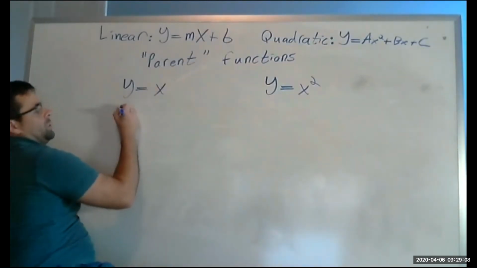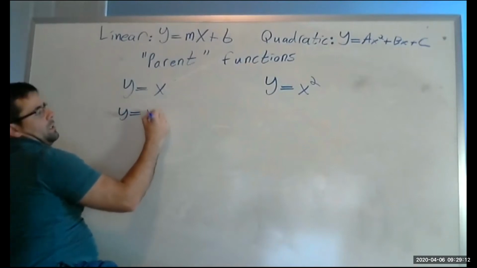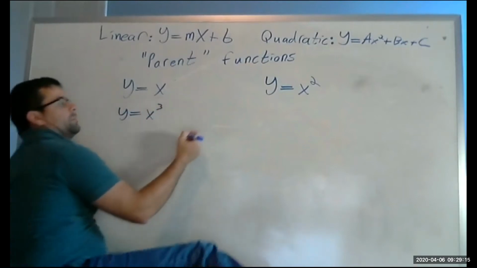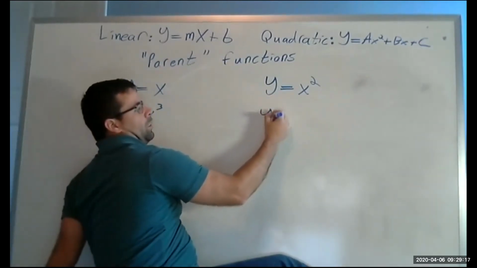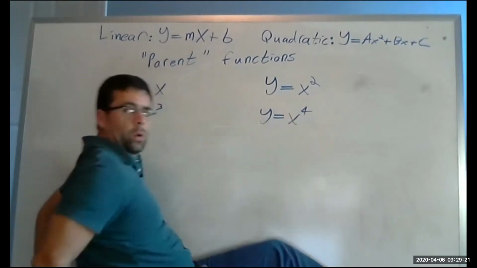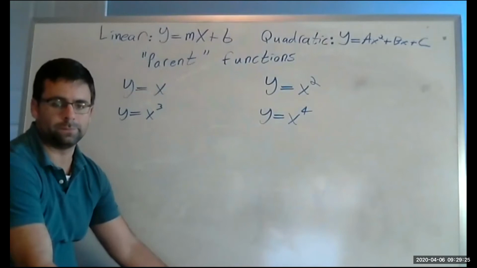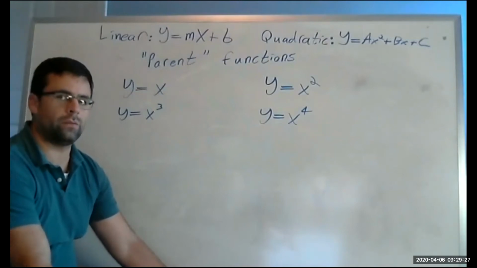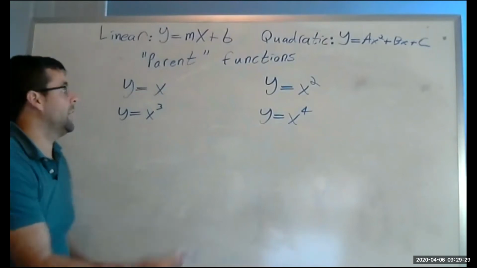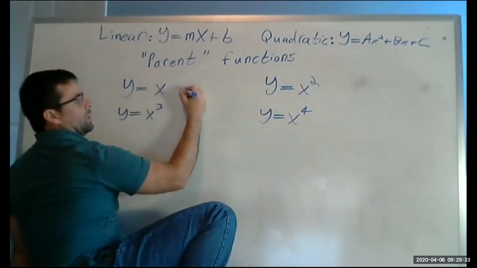You can have a parent function of y equals x cubed, y equals x to the fourth, to the fifth, sixth, seventh. So each one of these things represents a different family of functions.